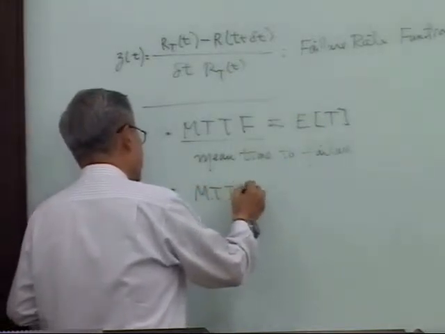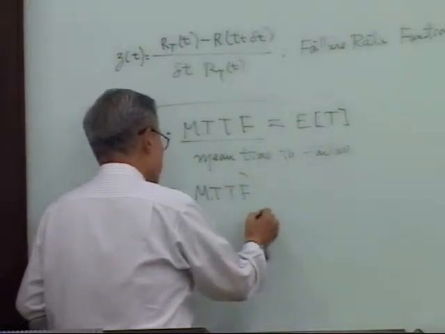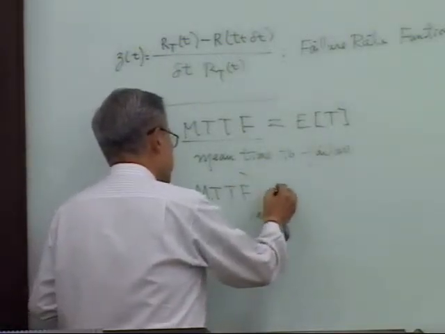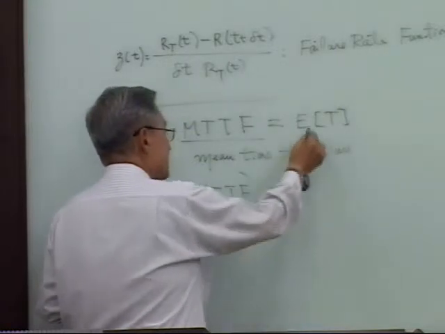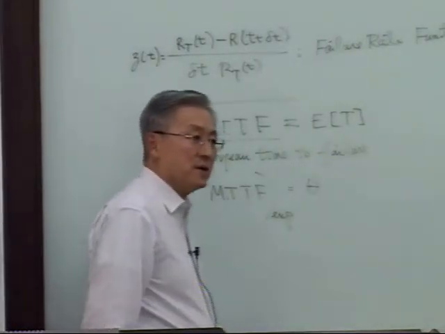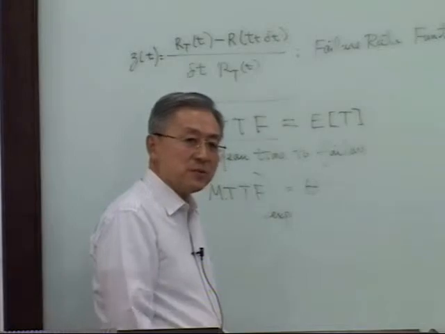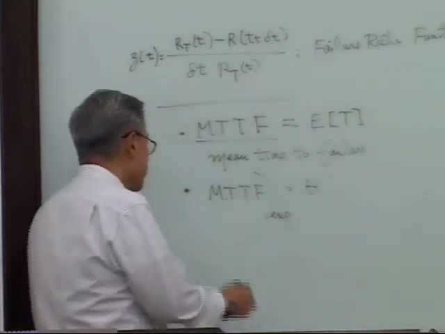And this MTTF for the exponential model is equal to theta. You have to take the mean, so the mean happens to be theta.